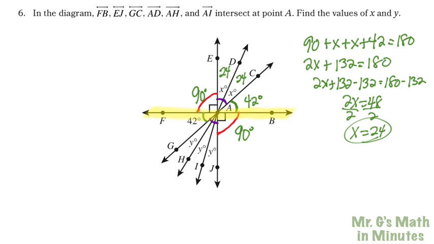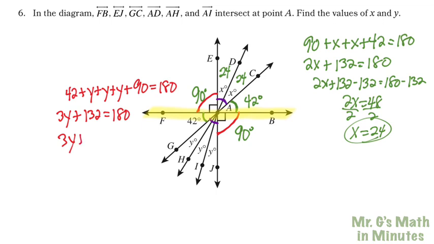Now for the y's, I'm going to do the opposite, but that's still with that straight angle. I'm going to do 42 plus y plus y plus y plus that 90 at the bottom. That makes that straight angle 180. Combine my like terms. And then subtract 132 from both sides. I just did 180 minus 132 and got 48.